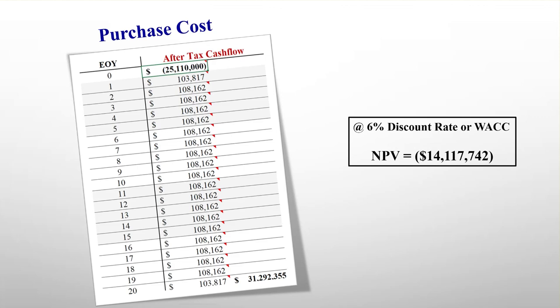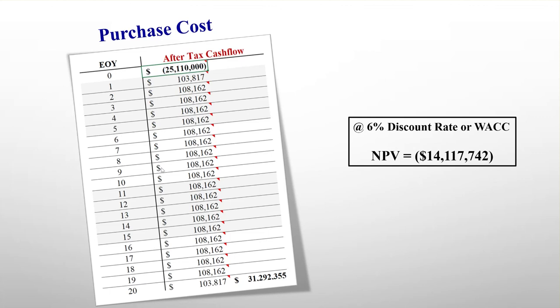However, by the time we deduct the cost of sale and the ordinary income tax savings at 21% and cost recovery recapture and capital gains tax, then we end up with $31,292,355, which is our disposition sales proceed after tax.